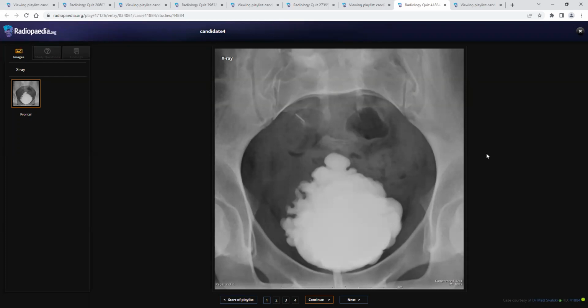So I'm thinking of a chronic bladder disease, like chronic cystitic changes. It can be neurogenic bladder, or in case of tuberculosis. I would like to take the history of the patient to rule out neurogenic bladder.